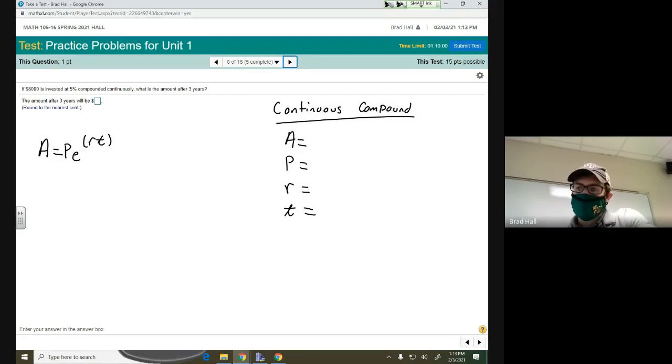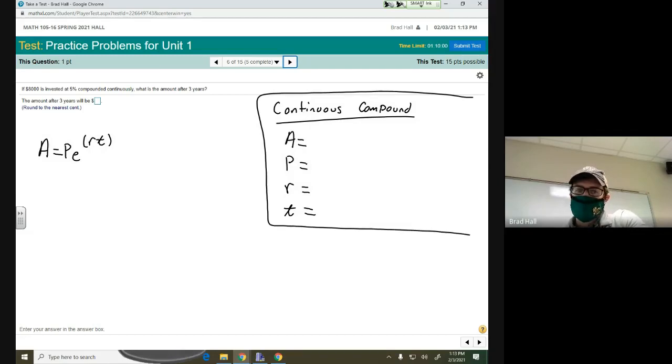So for the continuous compound formula, we need to plug in some of these values. Hopefully it's clear. The rate is 5%, which we can convert to a decimal. The time here is the number of years, which they generously gave us as 3.